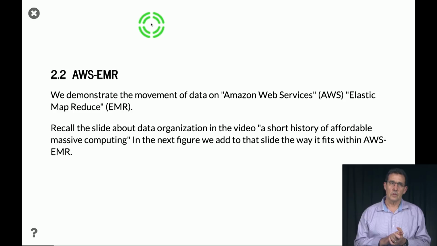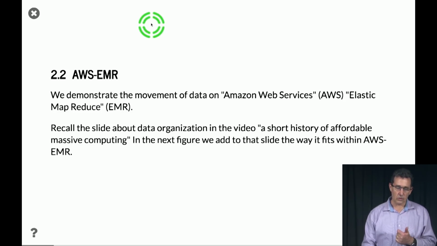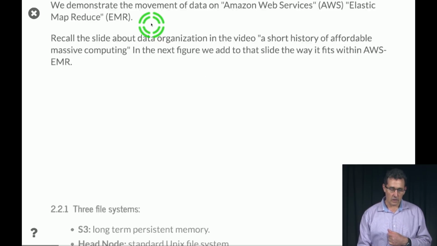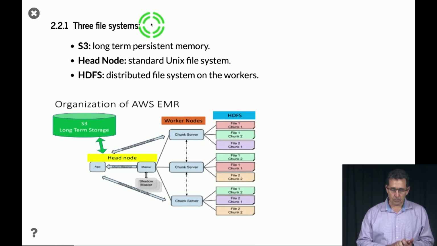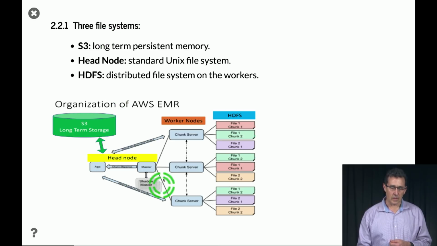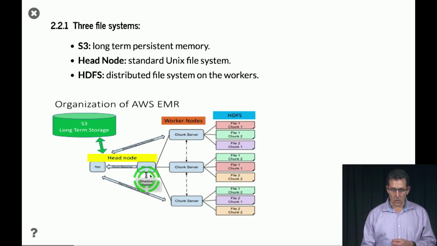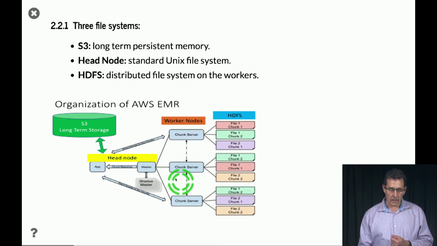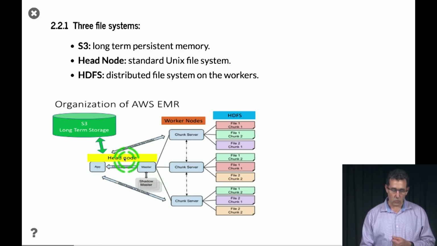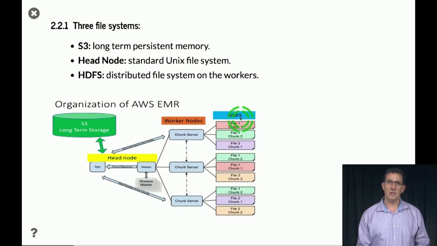If you remember, when we talked about a short history of affordable massive computing, we had a figure like this one, describing how clusters such as the Google File System and HDFS are constructed: there is one head node, and then there are worker nodes, and the worker nodes hold pieces of the files in a distributed file system called HDFS.